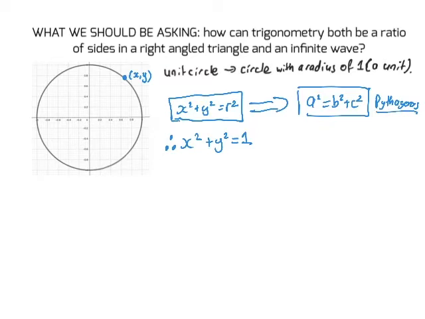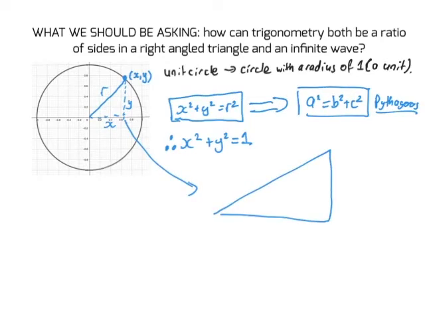And if we pull this information out of my diagram, so radius, if I go down and across, I've got the x coordinate, I've got the y coordinate. What actually happens is I can pull a triangle out of this circle. It will have a radius, which in this case is 1.